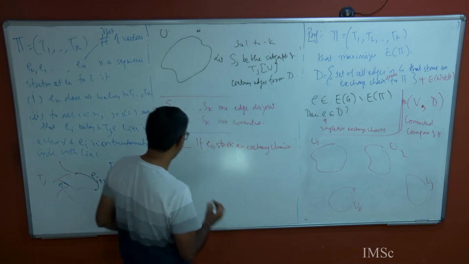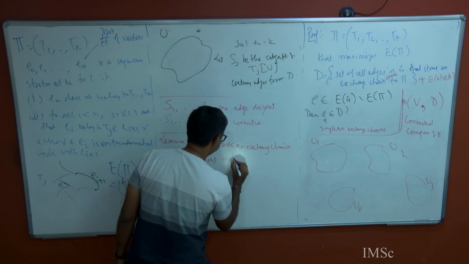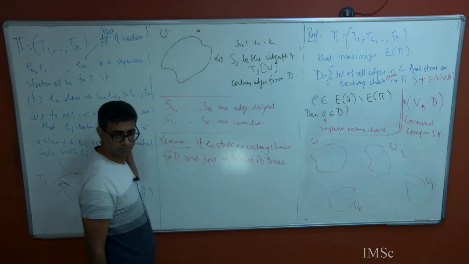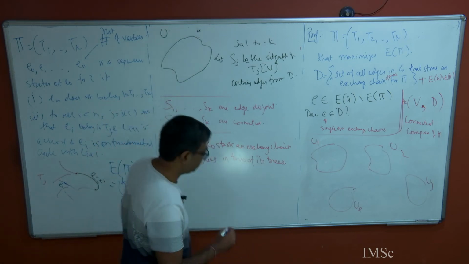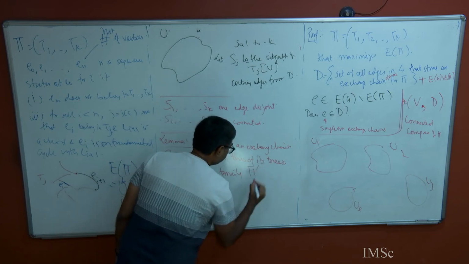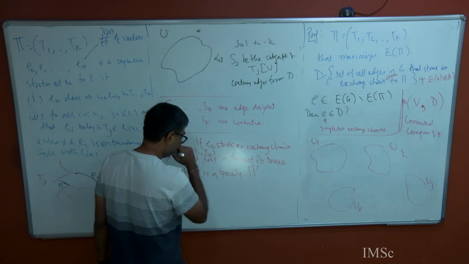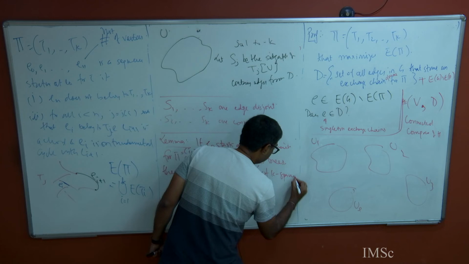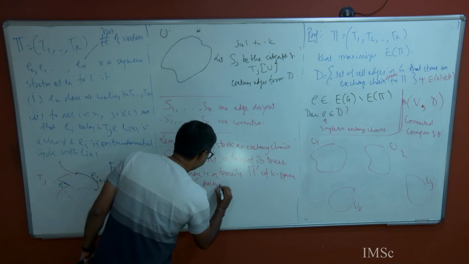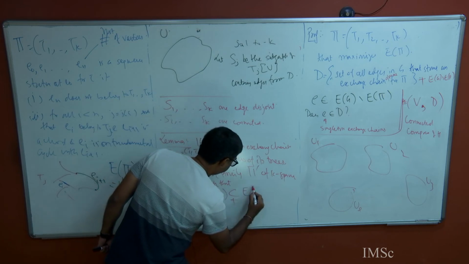It says: if E0 starts an exchange chain for some sequence pi and lies in two of its trees, then there is a family pi prime of k spanning trees of G such that the edges of pi are properly contained inside the edges of pi prime.